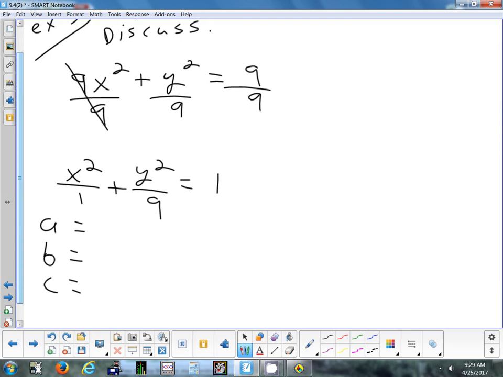Careful, that's A squared. Okay, 3. Remember, A is always the square root of the bigger number, wherever the bigger number is. B is the square root of the smaller number. In this case, the square root of 1 is 1.